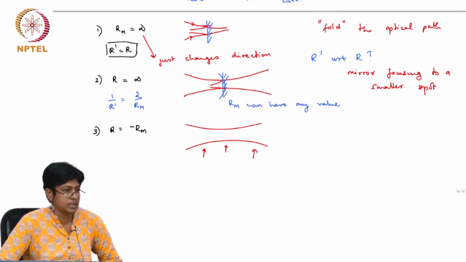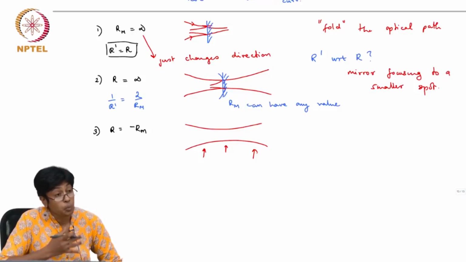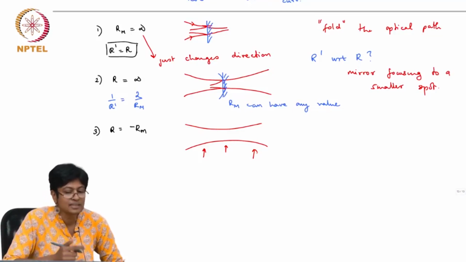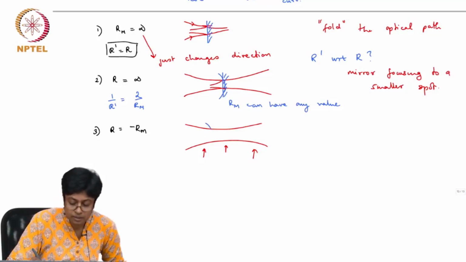I have a particular mirror with a certain radius of curvature, and now I'm going to find the place where the beam radius of curvature matches the mirror that I have and place the mirror at that location. Let's say I place my concave mirror here.